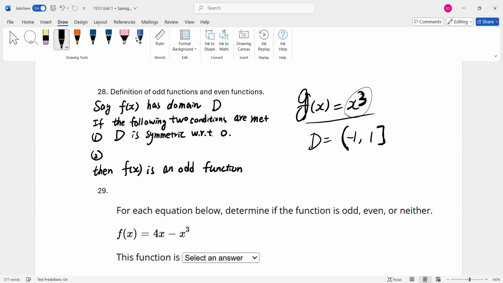On the real number line, if we graph the domain, this is the origin, this is -1, this is +1. The domain is going to be an interval, left open, right closed. And is this domain symmetric with respect to 0, the origin?